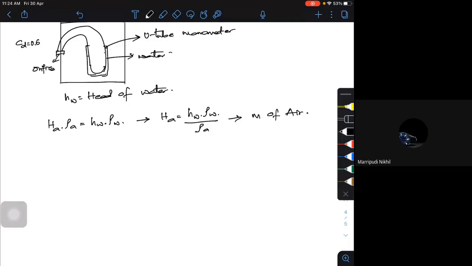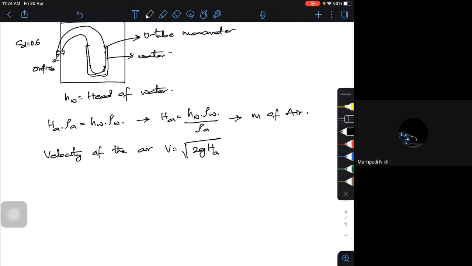Then if I want to find, at any given point, the velocity of the air passing through it, V is given by the square root of 2g HA, where HA is the head of air.